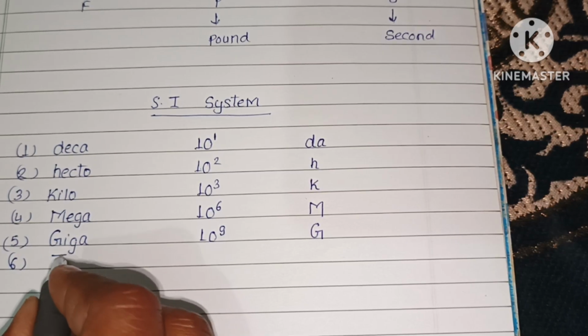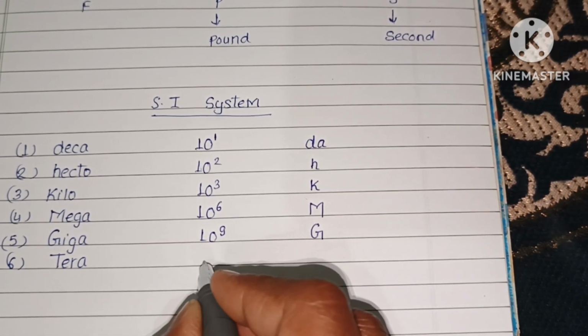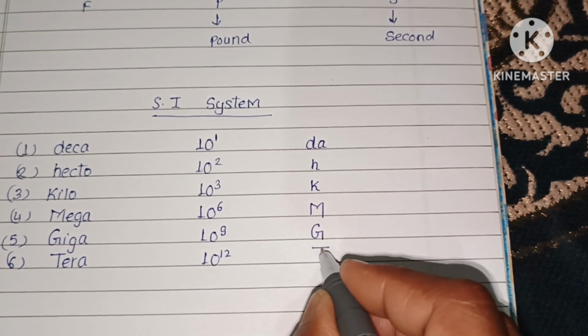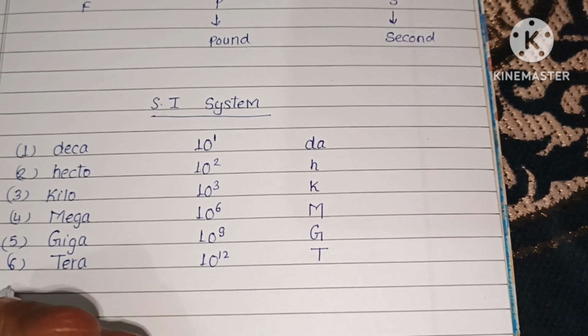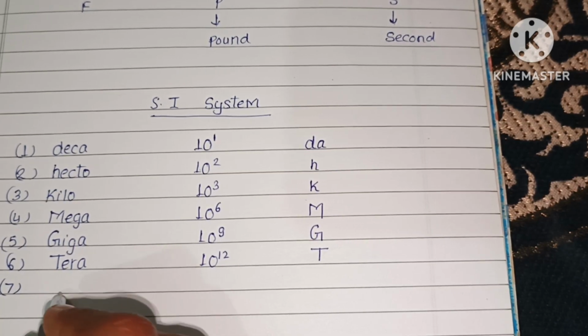Tera. That is 10 to the power 12, represented by capital T. Seventh, peta.